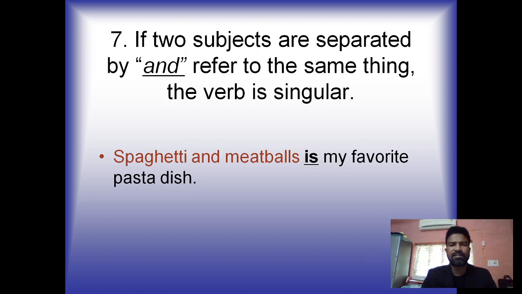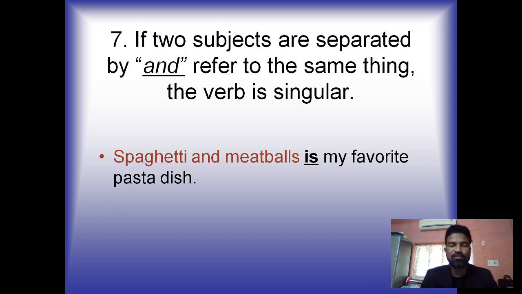We also come across examples like bread and butter is my favorite breakfast. Bread is separate and butter is separate, but when they are treated as one eatable item, they are treated as singular. Therefore, bread and butter is my favorite breakfast. Am I clear?